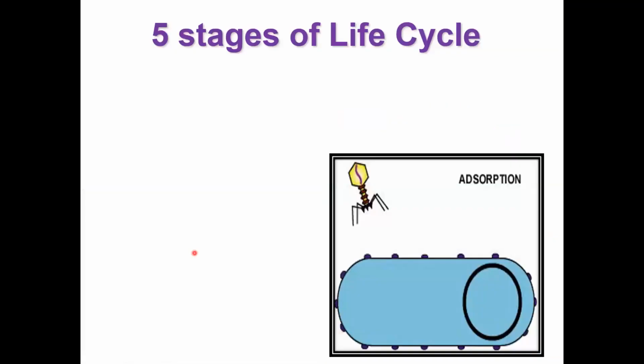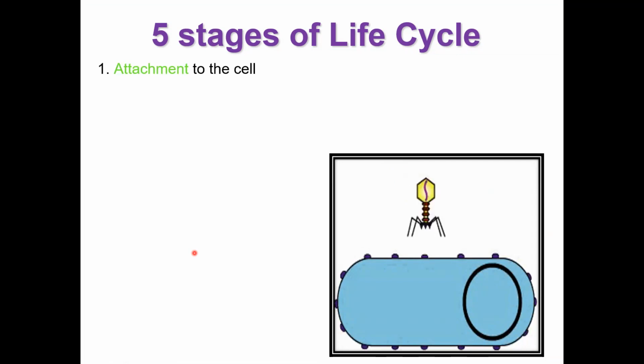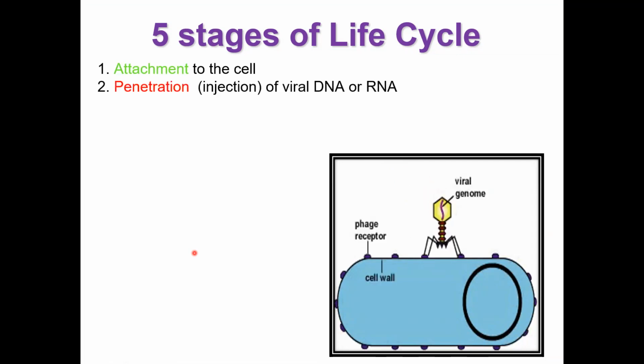Here are the 5 stages in the life cycle of a virus. First of all, they are going to attach, then they are going to penetrate or inject their DNA into the host cell. Injection is being done, they put DNA inside their host cell.